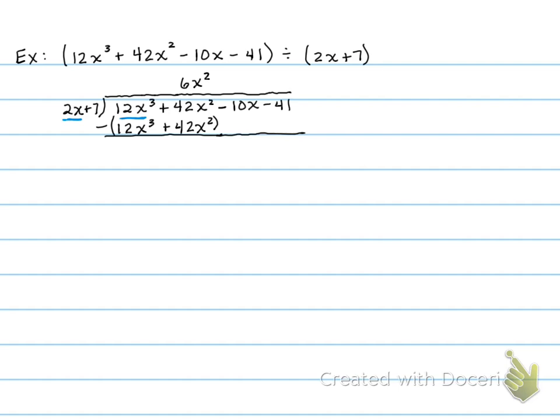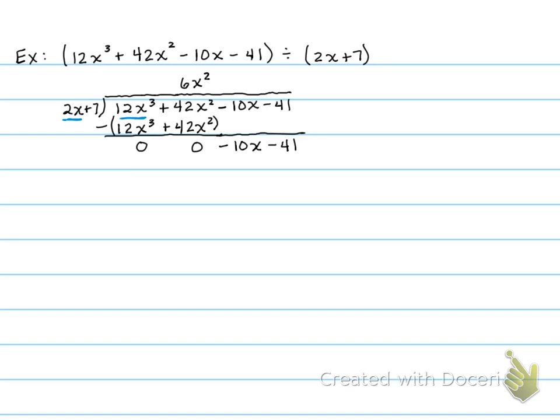Parentheses and subtract. And then negative 10x minus 0, negative 41 minus 0. This was pretty handy because that first term got rid of my first 2 terms, which means less work to do.